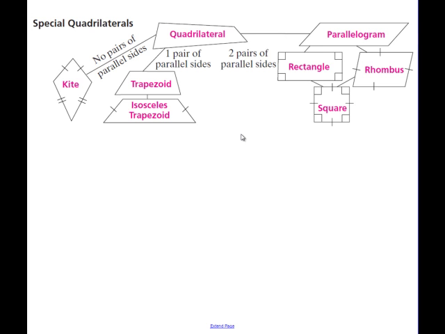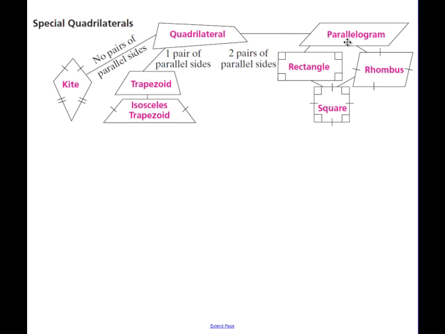Then in lesson 6.3 we looked at how we can determine if a quadrilateral is a parallelogram. If we have a shape and just a little bit of information about it, and we know that it has four sides, how can we determine if it's a parallelogram? We looked at several different ways. We said if both pairs of opposite sides are congruent, then we know it's a parallelogram.